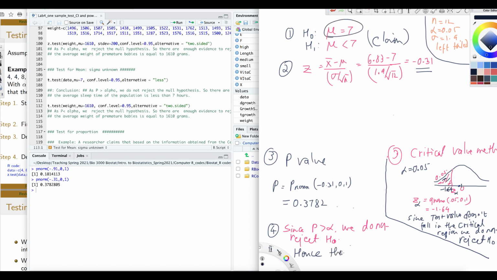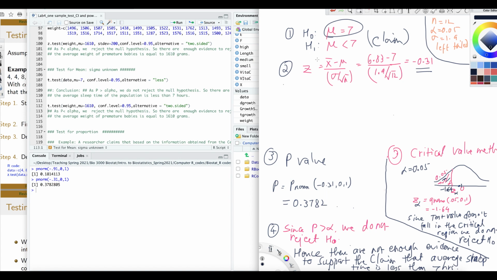Hence there is not enough evidence to support the claim that the average sleep time is less than 7 hours, meaning that we do not reject this claim, we do not support this claim.